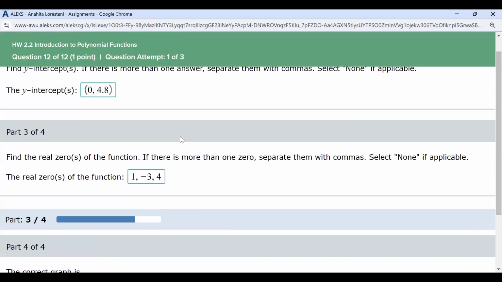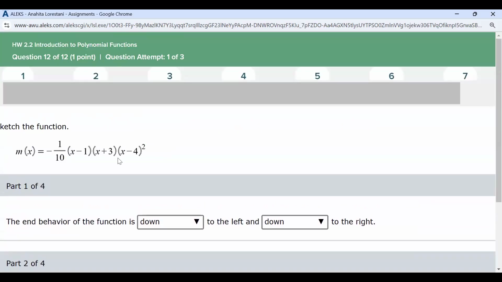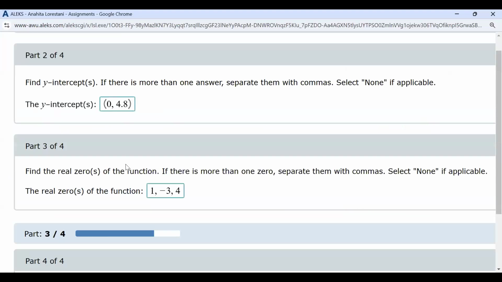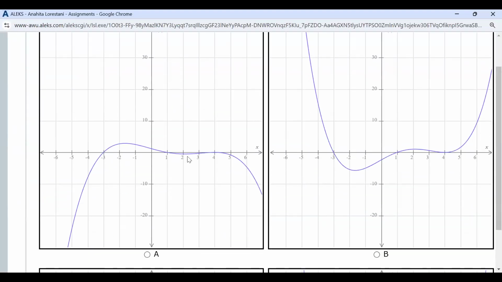Then we also have this thing here. The graph should touch the x-axis at +4 because of this 2 exponent. The graph touches the x-axis for this one and crosses these two. So let's see which one is possible. So this one seems to be touching.